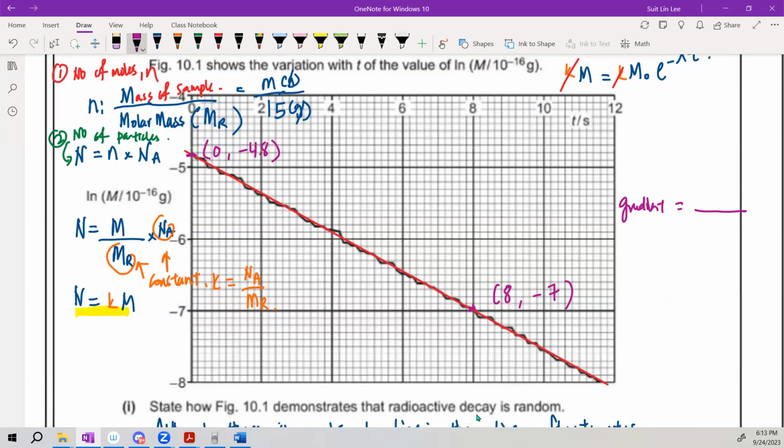So the gradient would be negative 7, negative 4.8, 8 minus 0.